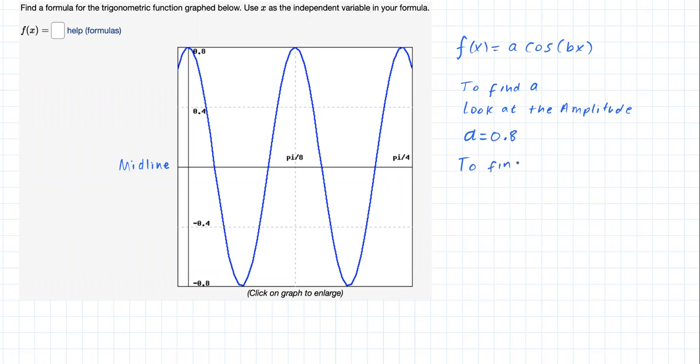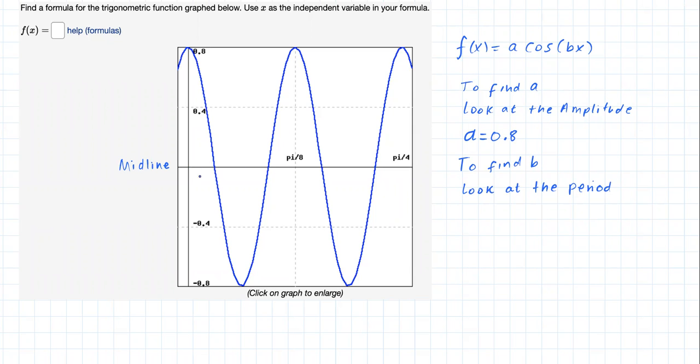To find B, look at the period. The period is clearly pi over 8. Why do you say that, Professor? Well, because it takes pi over 8 radians for this function to repeat itself, right?